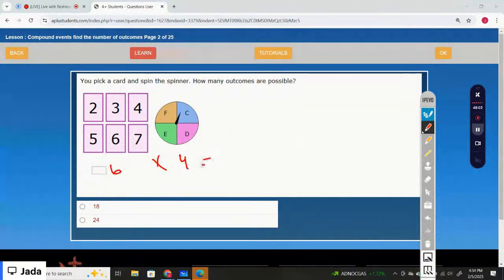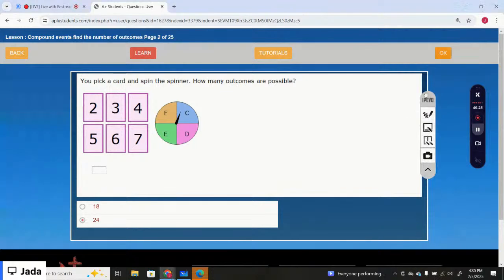So you have to do 6 times 4. That is 24. So for this event, the total outcomes are 24. Option number 2 is the correct option.